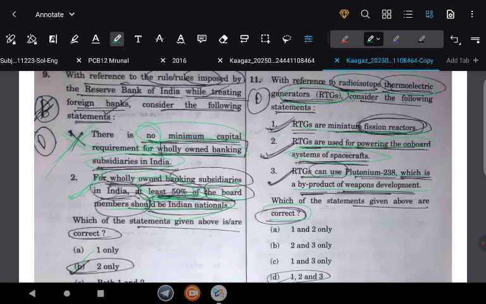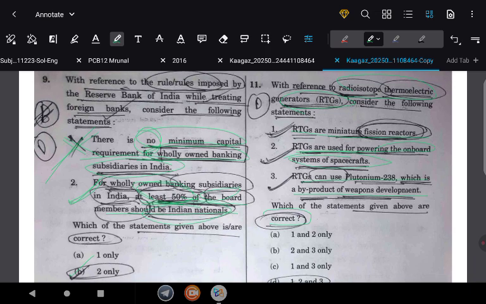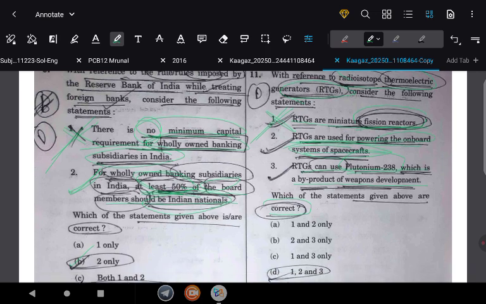So I went with all of the options because of the logic that I thought if plutonium-238 is a byproduct of weapons development, it can maybe be used in fission reactors. But then I was wrong. RTGs are used for powering onboard spacecraft, and plutonium can be used, but surprisingly they are not fission reactors.